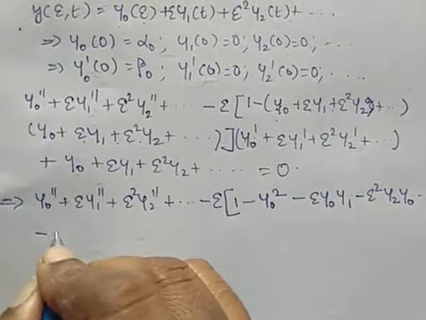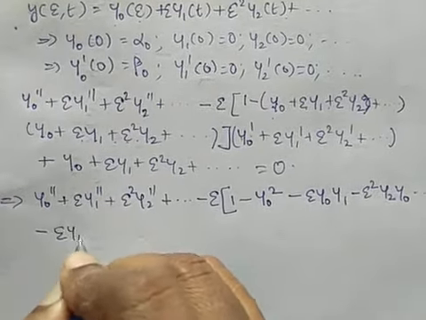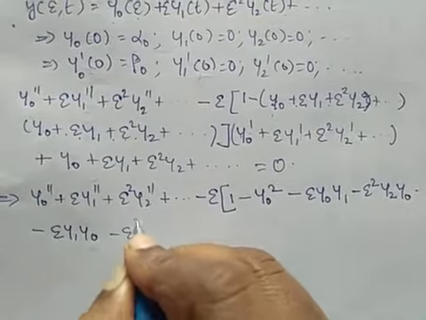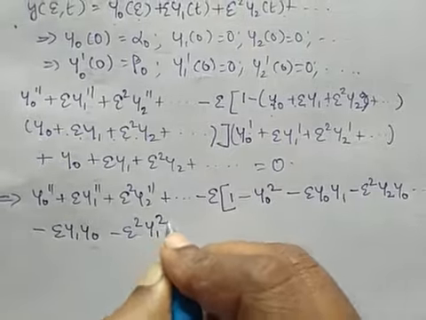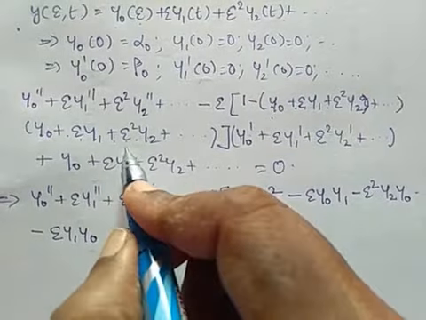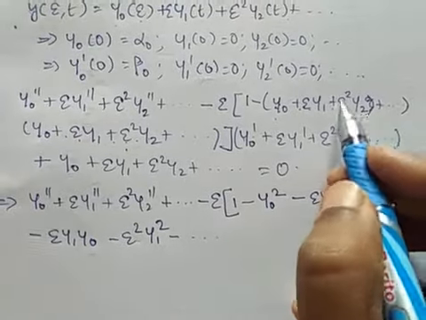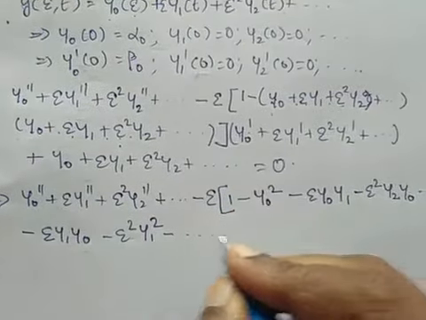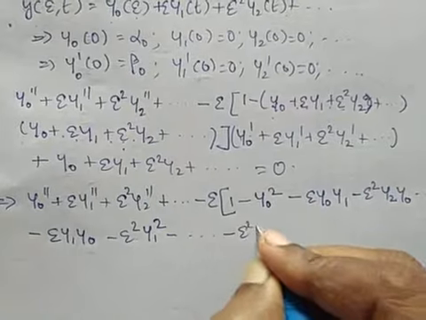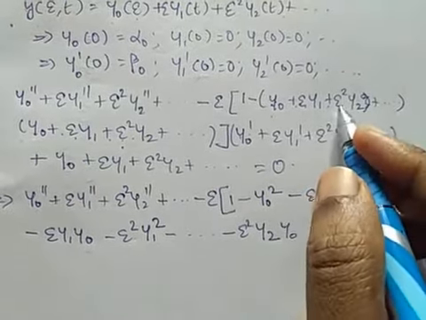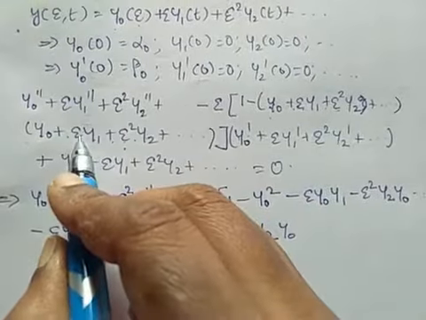So minus epsilon y1 into y0, minus epsilon square y1 square. Epsilon into epsilon becomes epsilon cube etc. Similarly, epsilon square y2 into y0, and epsilon square into epsilon will be epsilon cube.